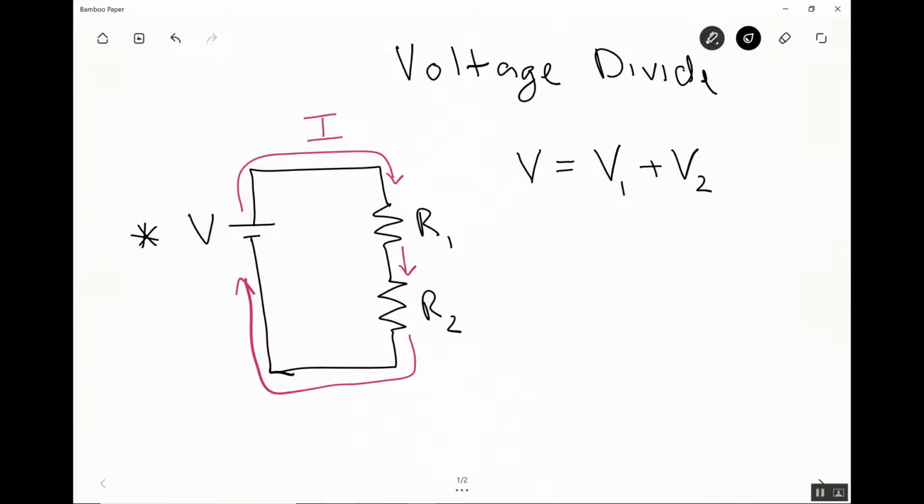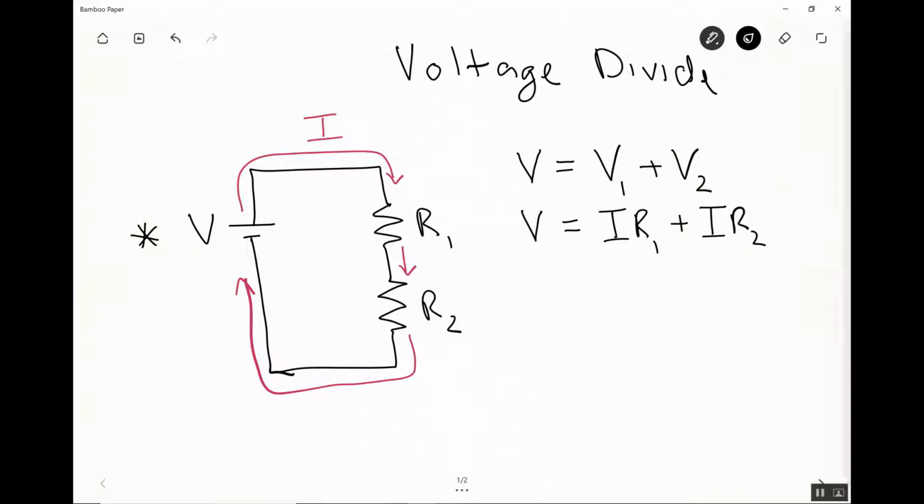Now, we can take this a step further, in that we know from Ohm's law that V equals I times R. So each of these V's can be written as an I times an R. V1 can be written as the current through resistor 1 times R1, and V2 can be written as I R2.